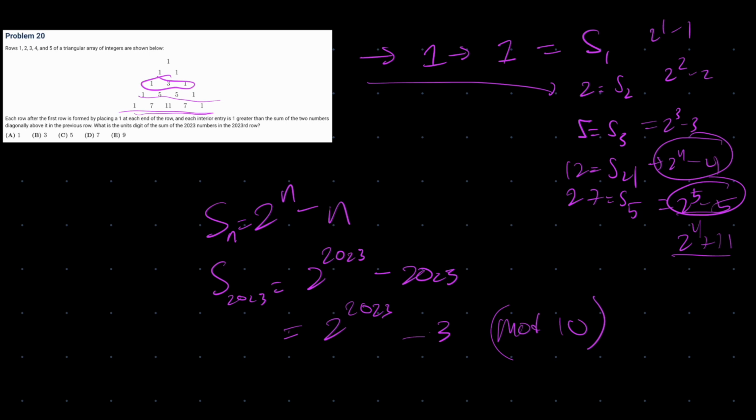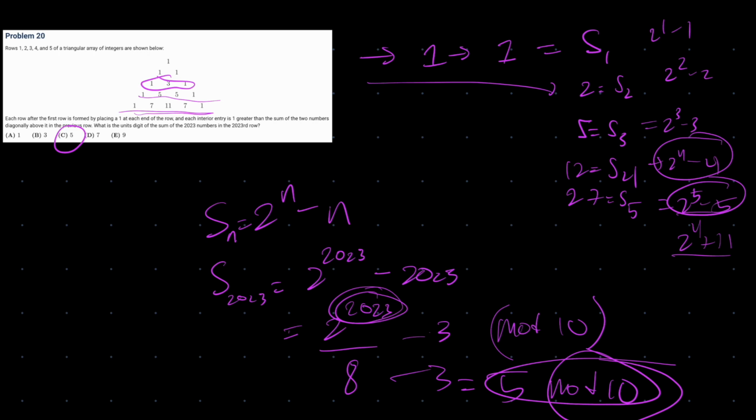Powers of 2 cycle modulo 4. So if the exponent is 0 mod 4, then we're dealing with a 6 or whatever. But if it's 3 modulo 4, then it's 8 mod 10. The exponent is 3 mod 4, then 2 to that is 8 mod 10. Minus 3 is 5 mod 10. Hooray! That's it.